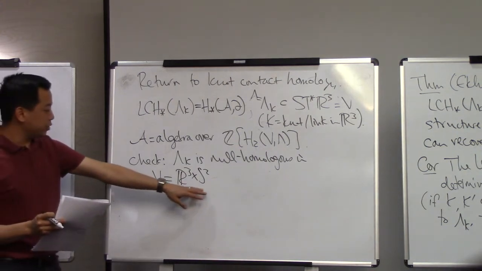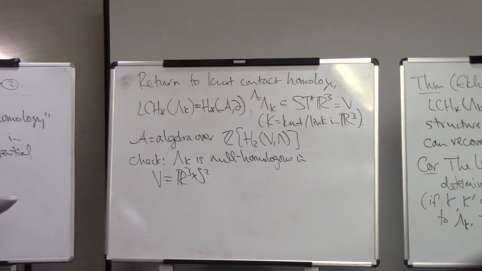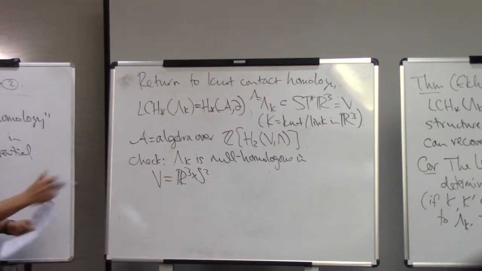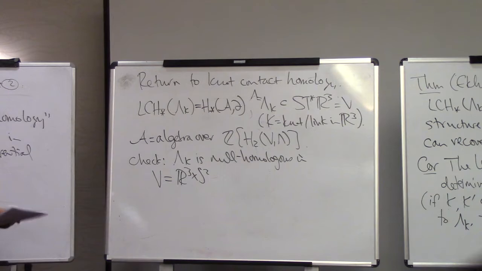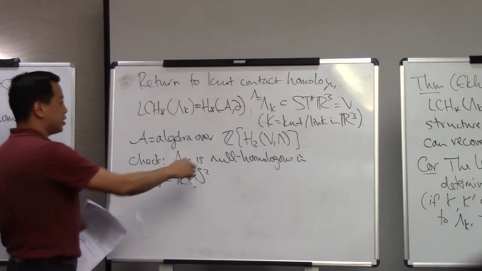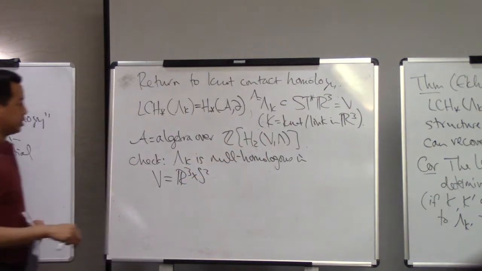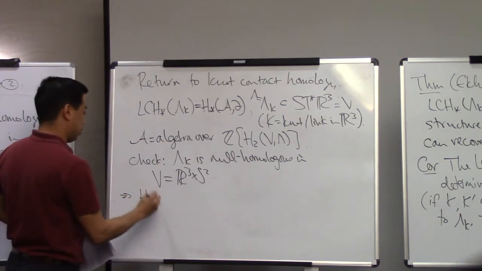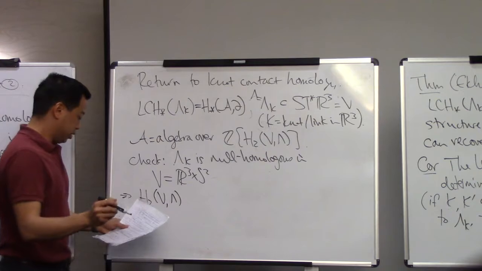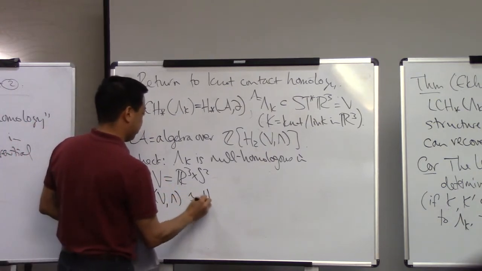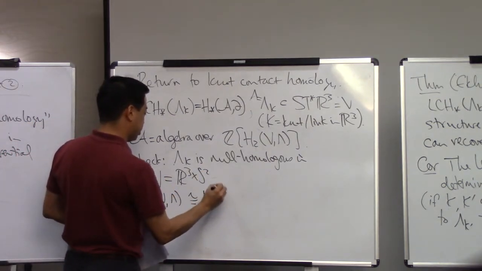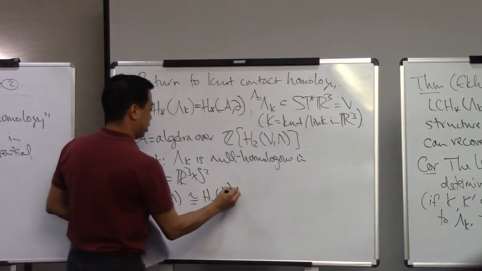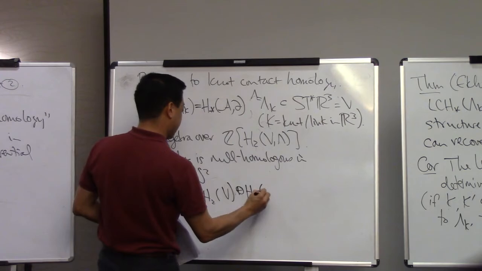It does have non-trivial H2, but this Legendrian torus is actually null homologous. And that tells you that this relative homology splits. So it is isomorphic to H2 of V, which is R3 cross S2, I'll just write as V, direct sum with H1 of lambda.